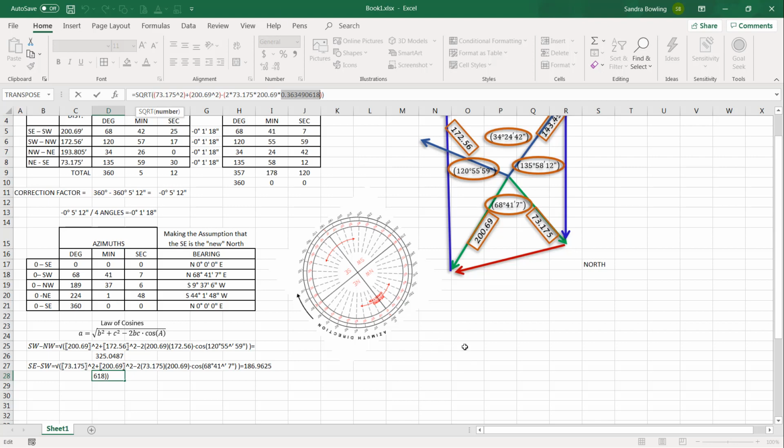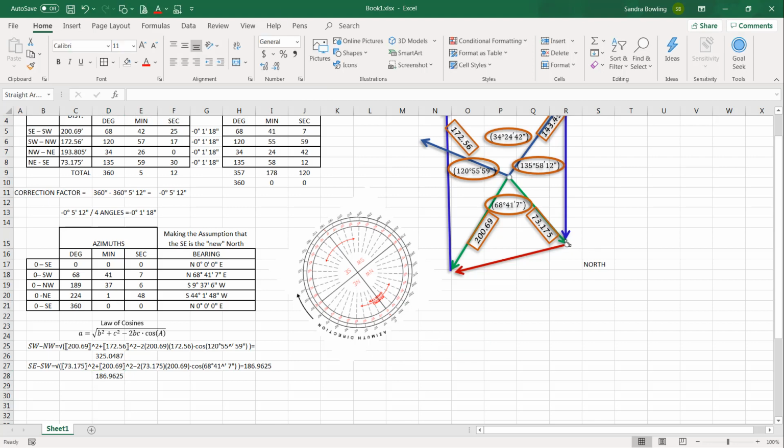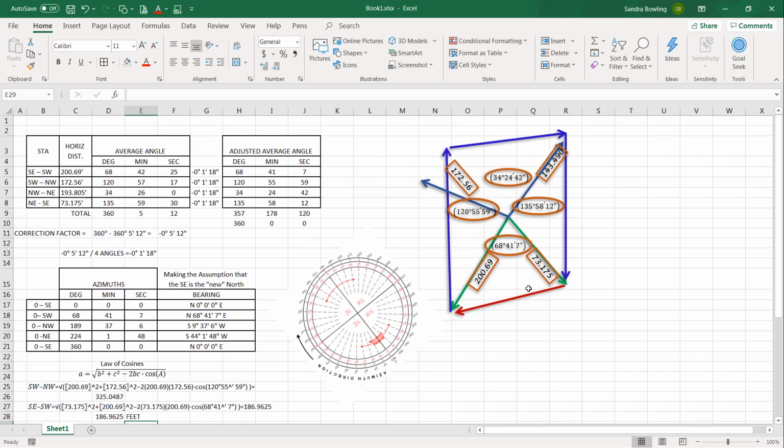So the distance between the southeast line and the southwest line is 186.9625 feet. So that's in feet.